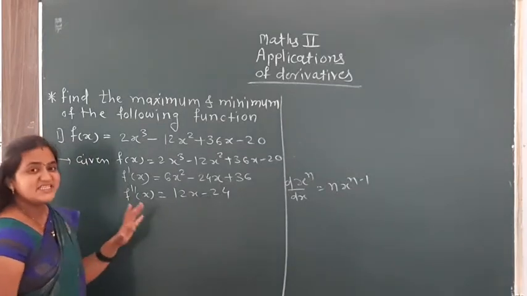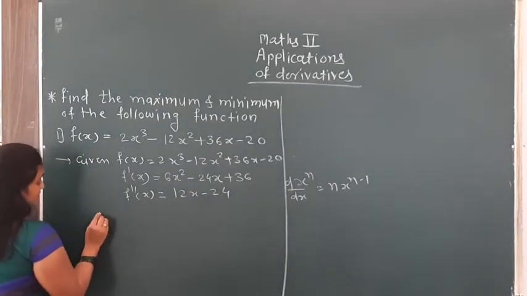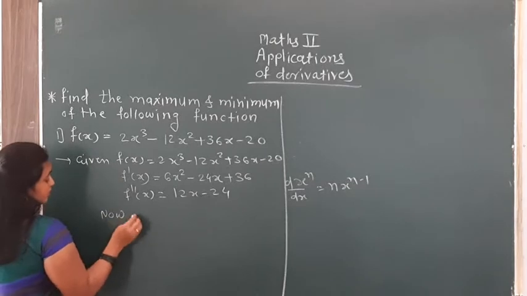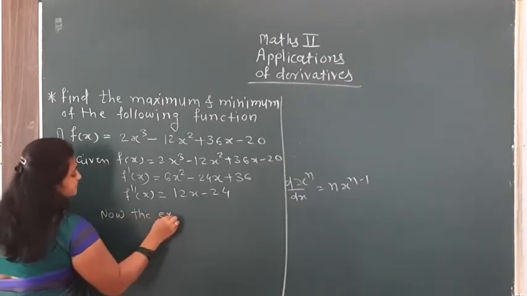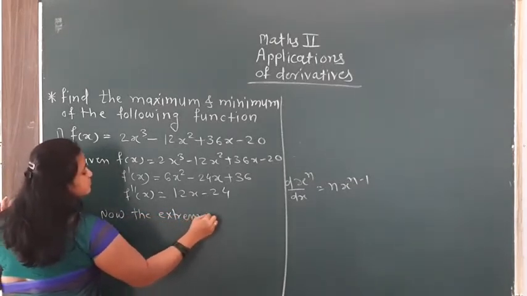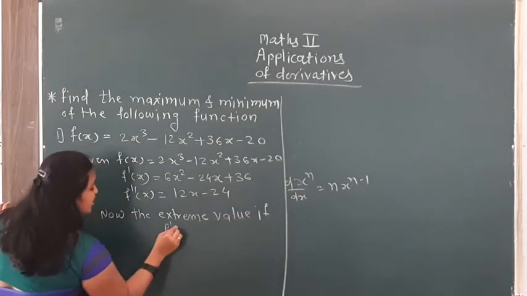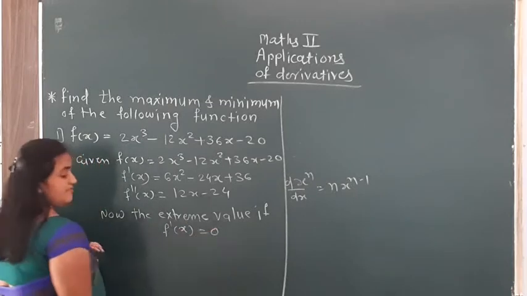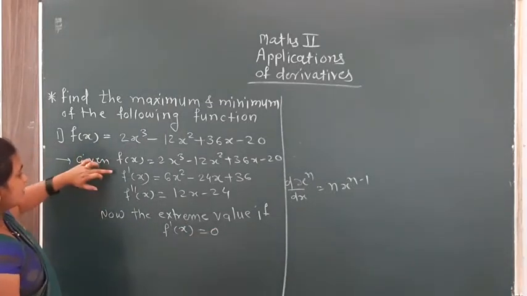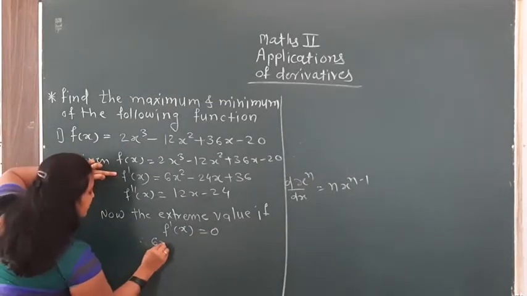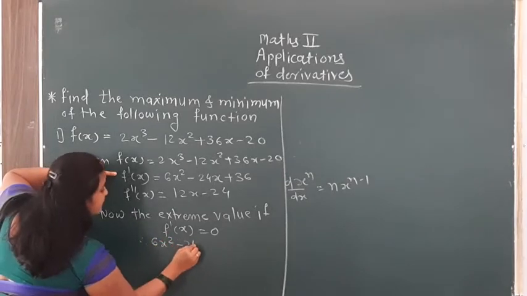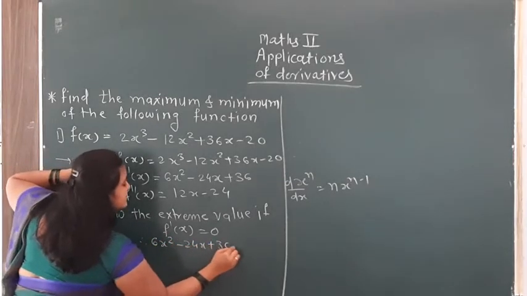Now we find the extreme value. If f dash of x is equal to 0, what is your f dash of x? Your f dash of x is 6x square minus 24x plus 36 is equal to 0.